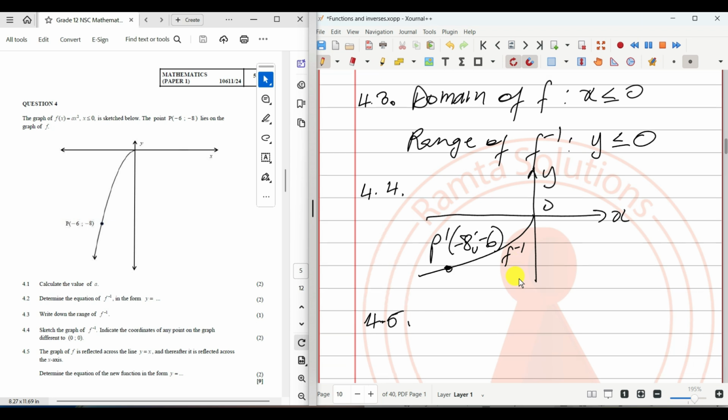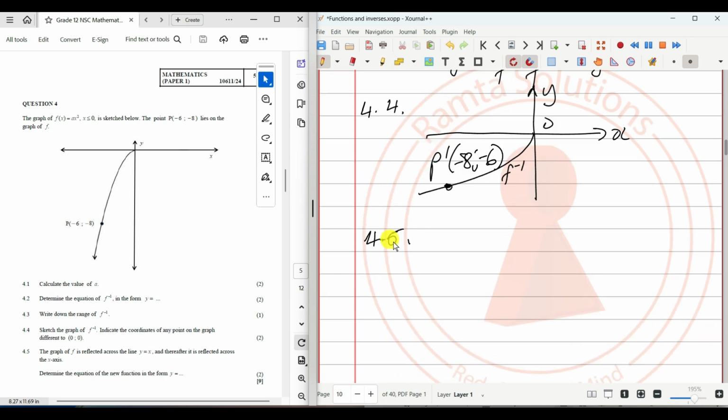First, reflection on y equals x. Remember, you got it. You said that was f inverse of x. What was it? I think we said it was negative the square root of negative 9 over 2x, isn't it? Good. That's what we said.